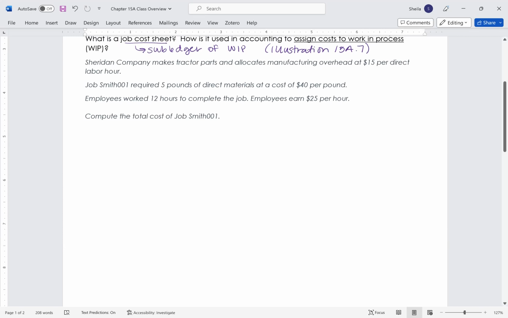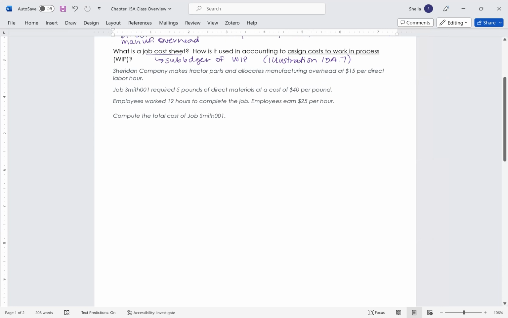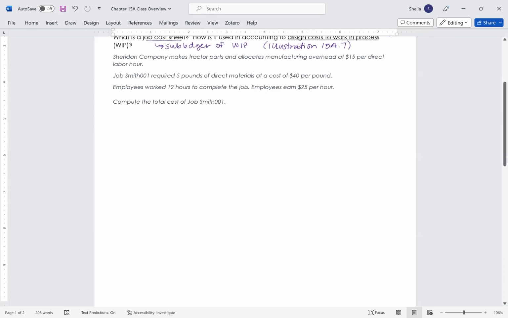So as we think about a job cost sheet, we're going to use this example. Sheridan Company is making tractor parts. Now remember, we have our three components: direct materials, direct labor, and manufacturing overhead that are going to be traced throughout the cost system.